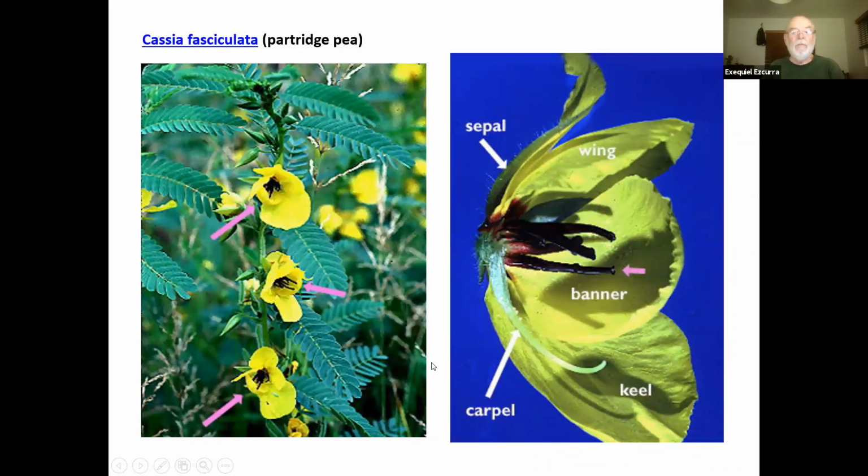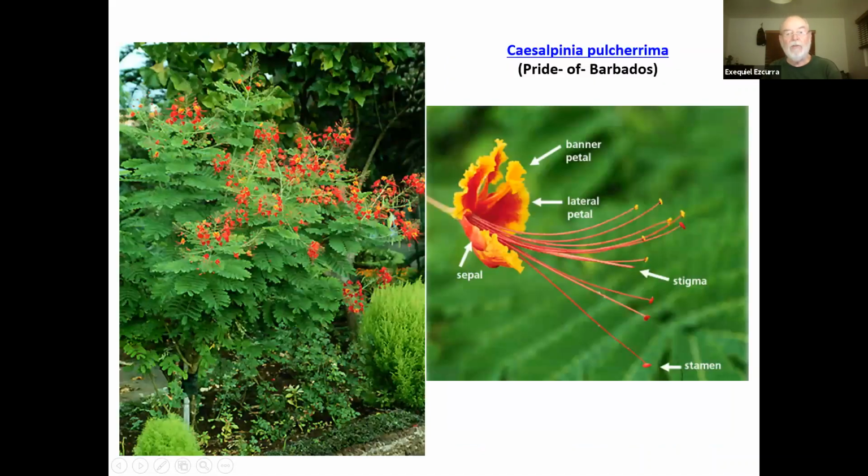More typical of the family, Cassia fasciculata, the partridge pea. You can see here, it has one fairly inconspicuous banner petal, two wings, and the keel petals are below here. They're fairly large and not enclosing the sexual parts.